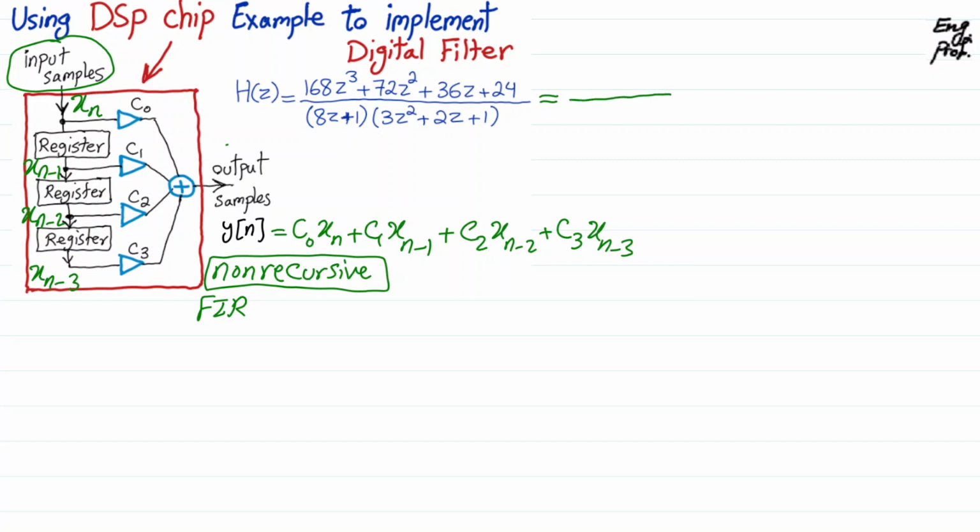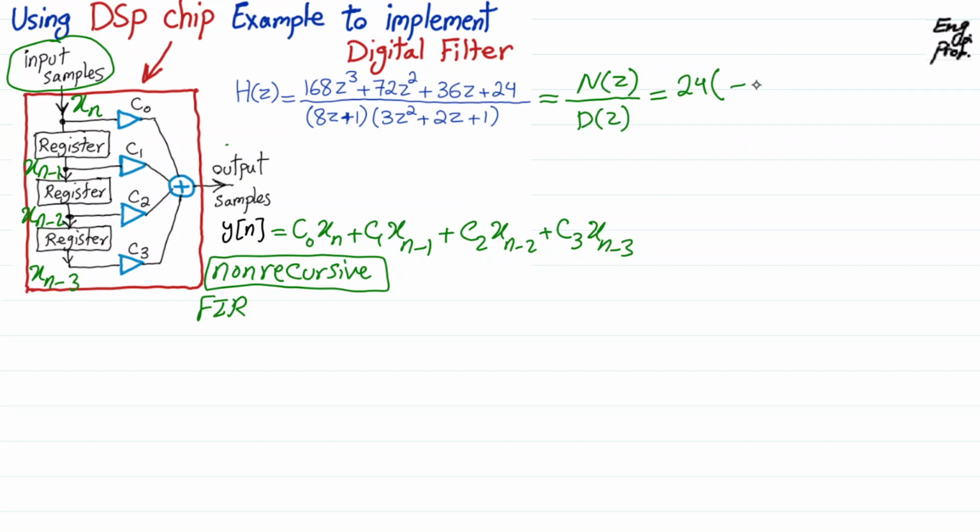Effectively, this filter is a numerator in the form of a third order polynomial, that's N(z), the numerator polynomial in z, and a denominator polynomial in z. Fine. For now, looking at the numerator polynomial, if you factor out 24 just to make it nicer, 168 divided by 24 is 7.